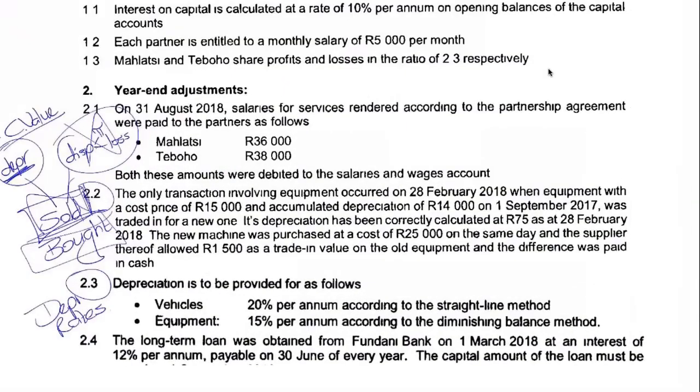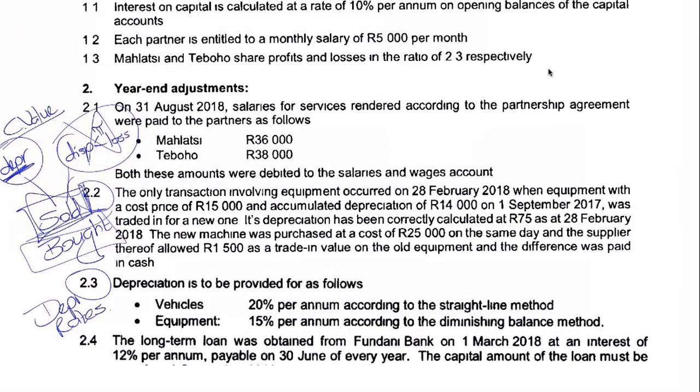The only transaction involving equipment occurred on the 28th of February 2018, when equipment with a cost price of $15,000 and an accumulated depreciation of $14,000 on 1st of September 2017, so you can see again they're giving you those amounts at the beginning of the year, was traded in for a new one. Its depreciation had been correctly calculated at 75 Rand as at 28 February 2018.